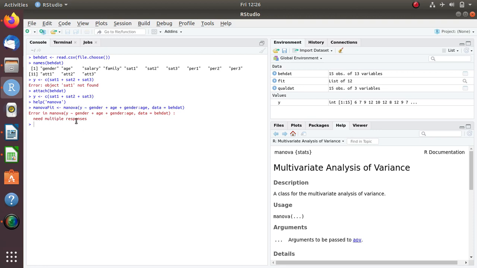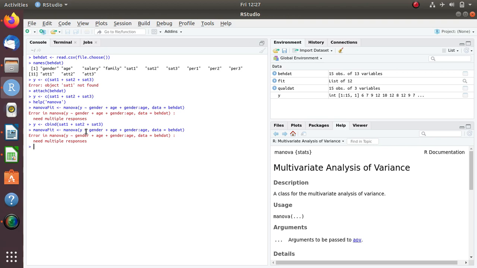At times I also make mistakes, so don't worry. Now instead of Y, let me say cbind. I'm sorry, I made a mistake here. This is not C actually, it is cbind. Now I think I can do this.